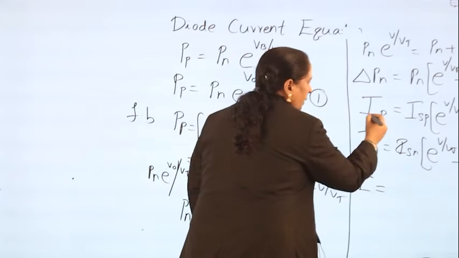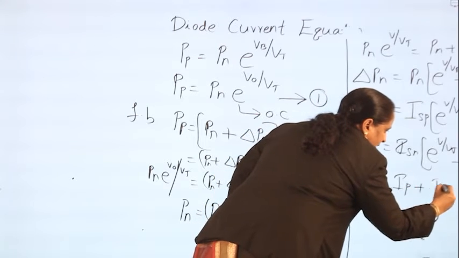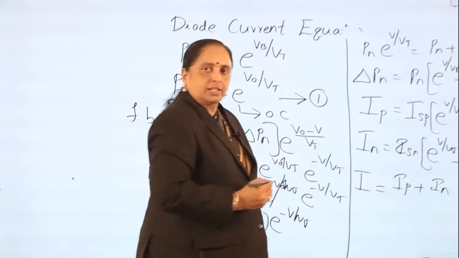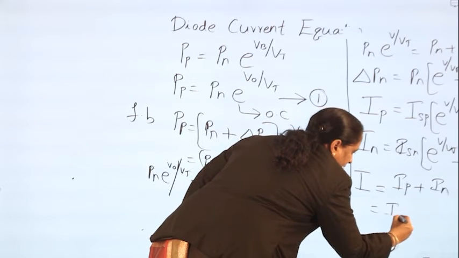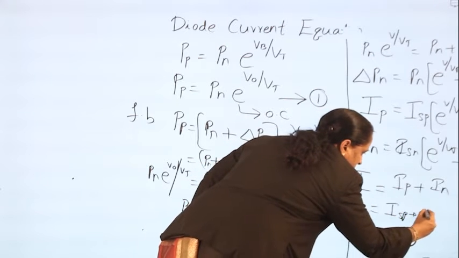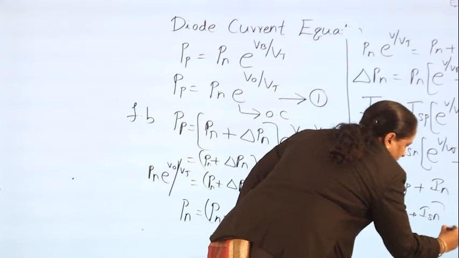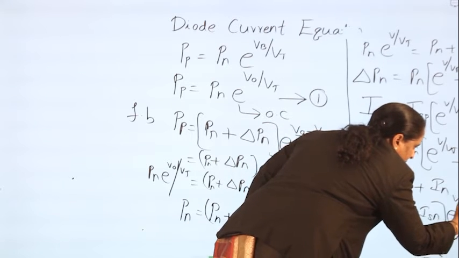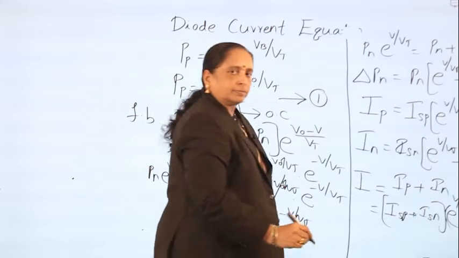Therefore, the total current I is equal to the hole current plus the electron current. So if you add these two, it will become ISP plus ISN into e power V by Vt minus 1.